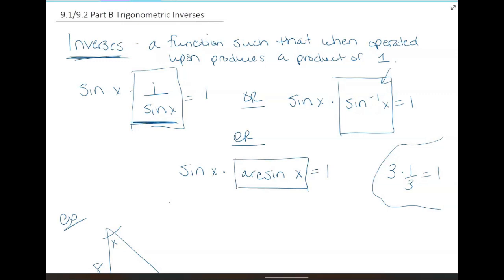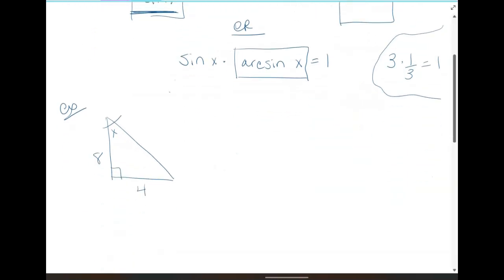All of them mean the same thing. You're going to use the same button on your calculator for all of them. But one of the reasons I'm most inclined to use this symbolism is because it's also what is written on most calculators. Okay, so when I use sine with the superscript of -1, I'm talking about the inverse. Okay, so just make a note of that.